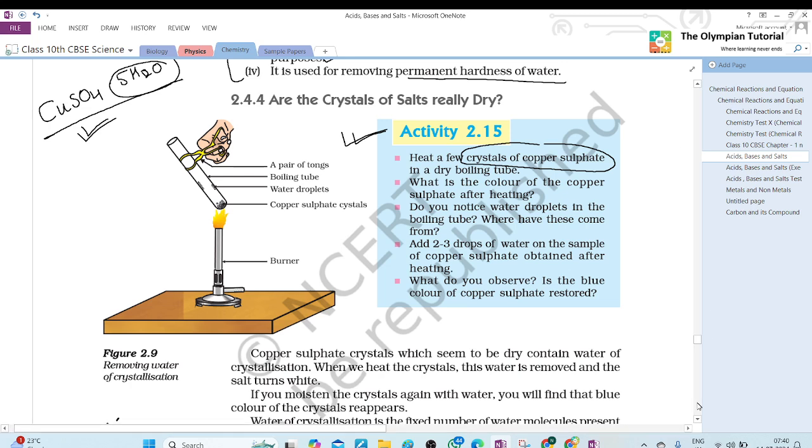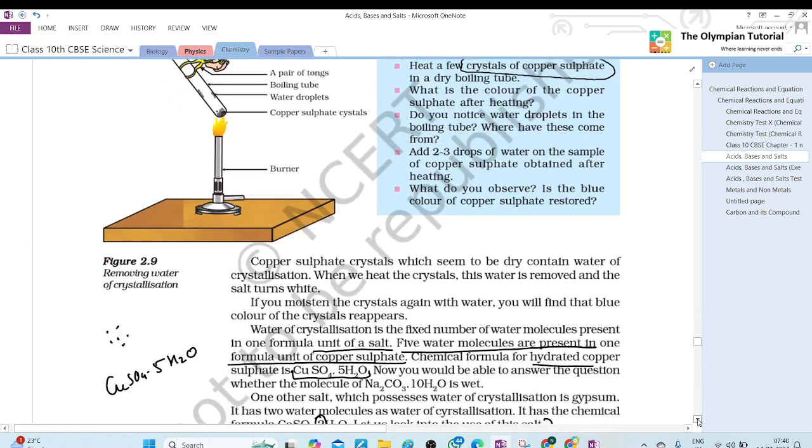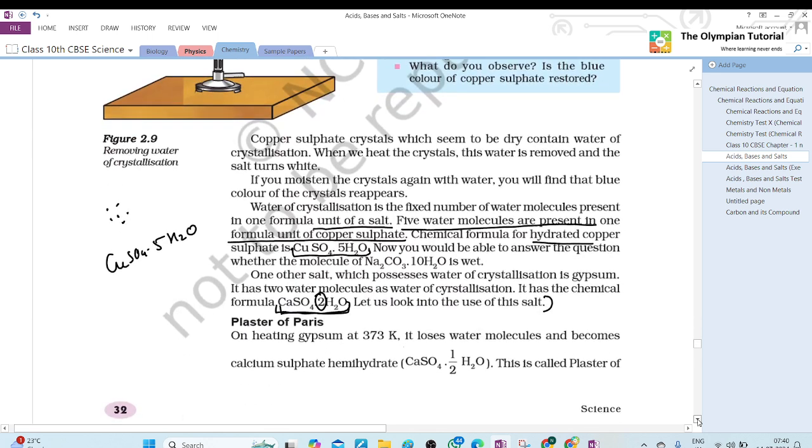Tanya, start to read from here. Copper sulfate crystals, which seem to be dry, contain water of crystallization. When we heat the crystals, this water is removed and the salt turns white.